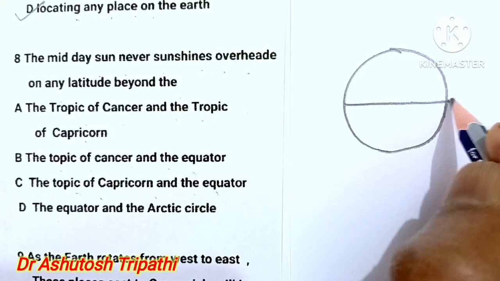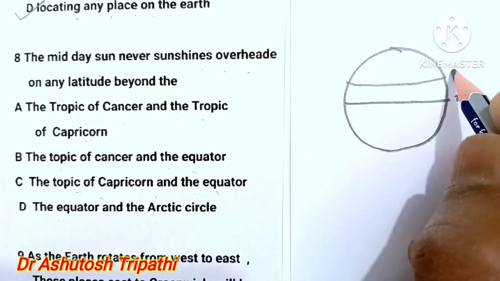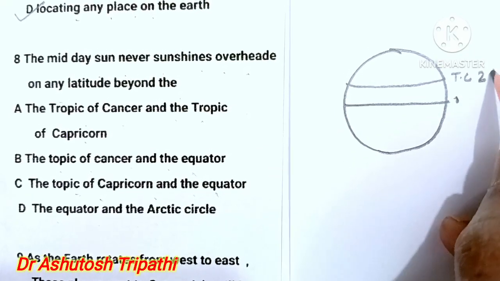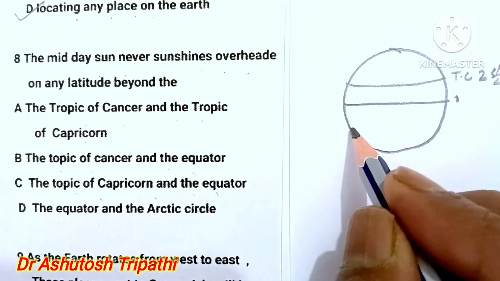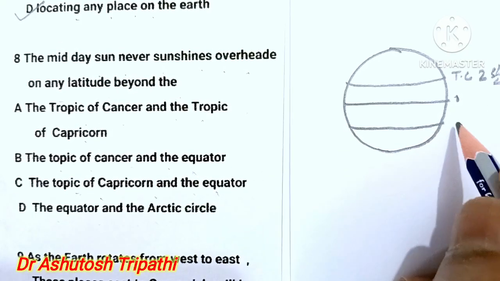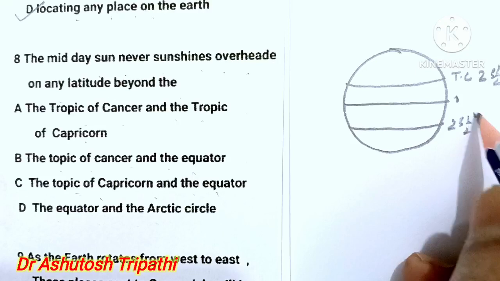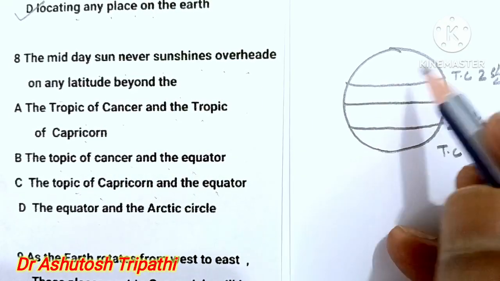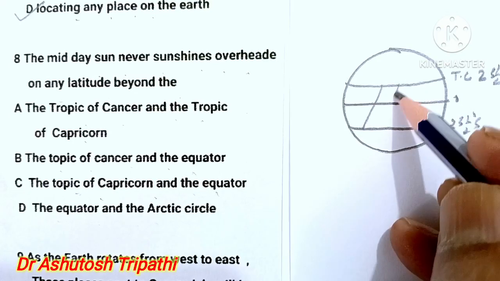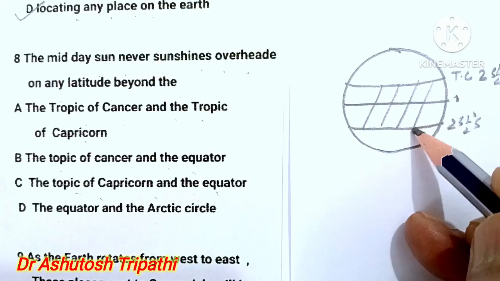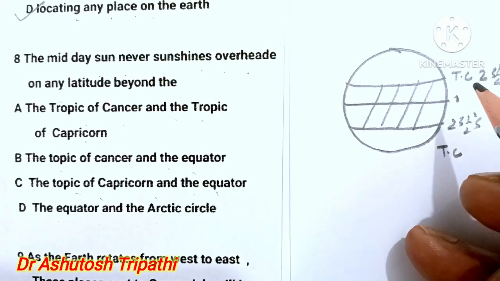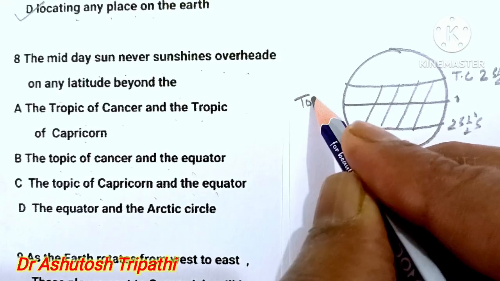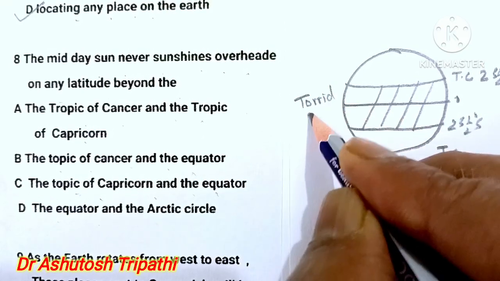This is the equator, this is the Tropic of Cancer at 23° north, and this is the Tropic of Capricorn at 23° south. As you know, the movement of the sun is restricted between the Tropic of Cancer and the Tropic of Capricorn, and that place is known as the torrid zone.